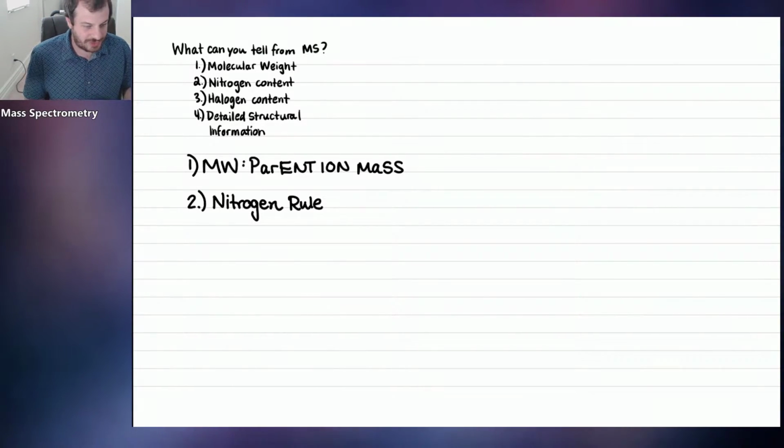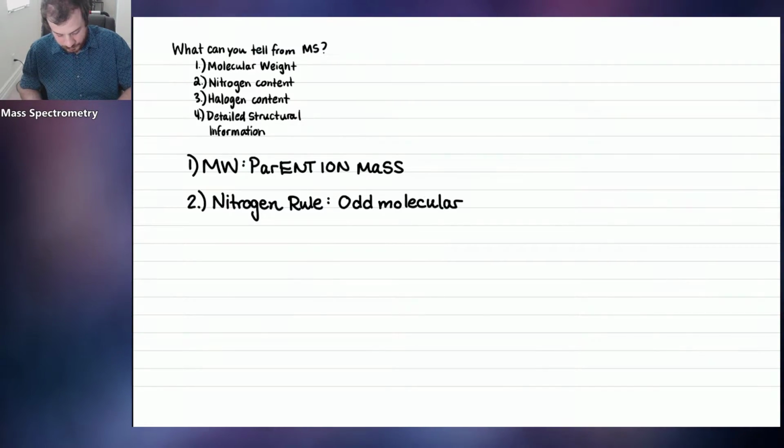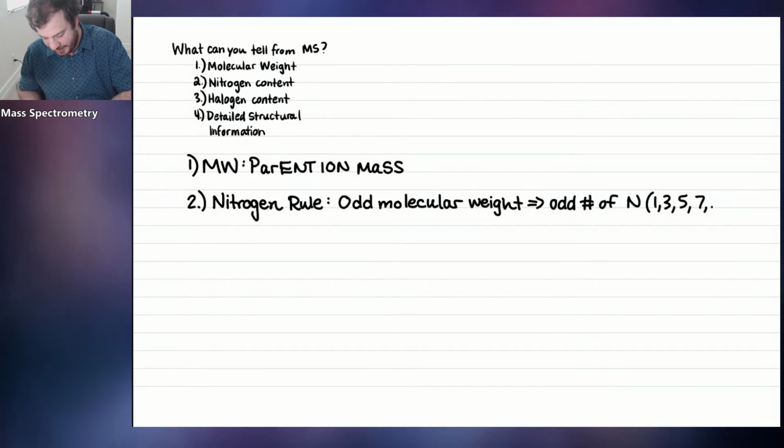The nitrogen rule says that if you have an odd molecular weight, that you have an odd number of nitrogens. For example, you might have 1 nitrogen, but you might also have 3, 5, 7, etc.